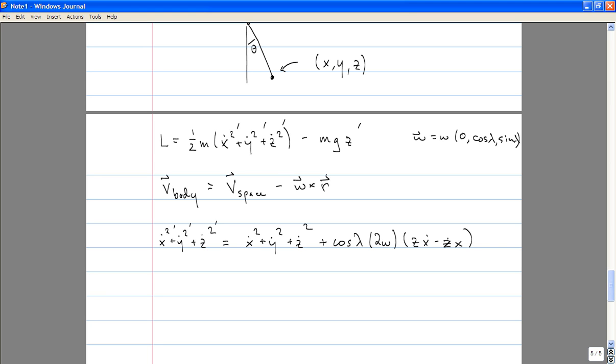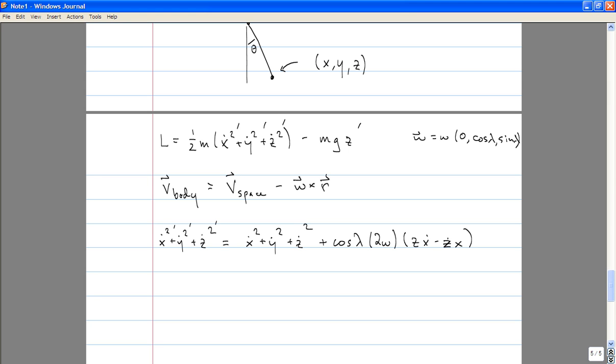So omega cross r gives you, in this case, the cosine lambda term is proportional to y hat, so it's y hat cross the position dotted into the velocity vector. So that has two terms.